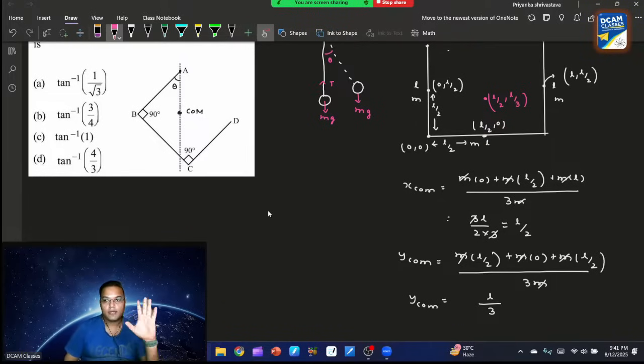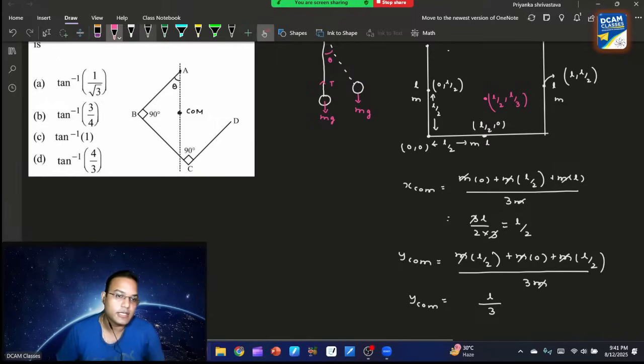Okay. Now I'll give you a hint. This is a system which is just kept like this, means it's inclined because it's in equilibrium. Now, where the center of mass is, I have said that this system will be in equilibrium only if the center of mass is lying on the vertical axis.